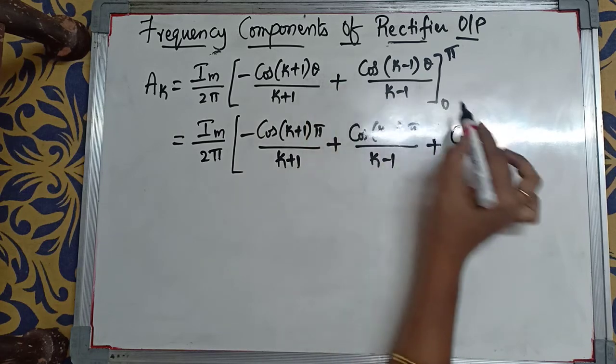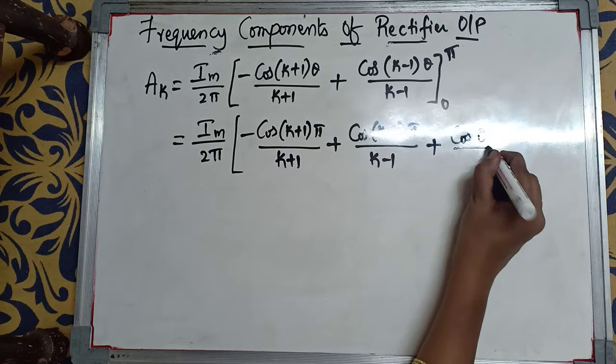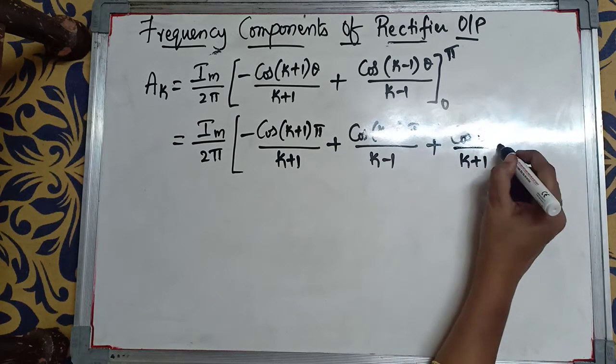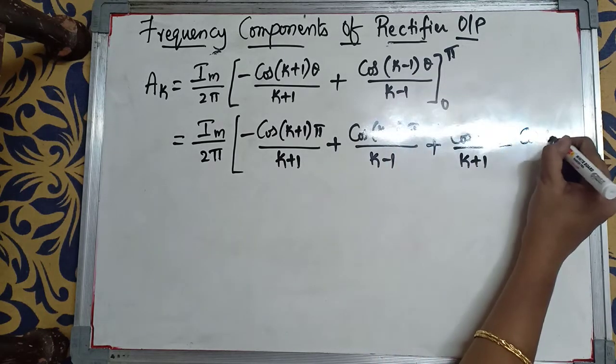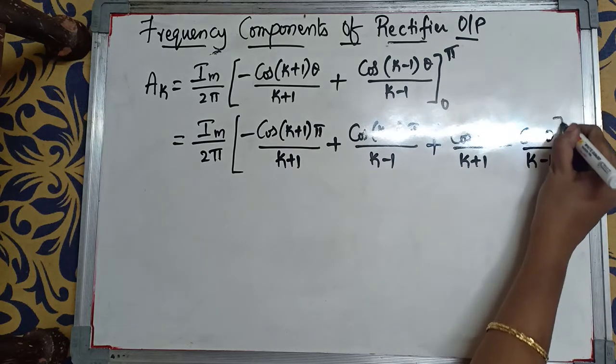If we substitute in place of theta 0, we will get cos 0 by k plus 1 minus cos 0 by k minus 1.